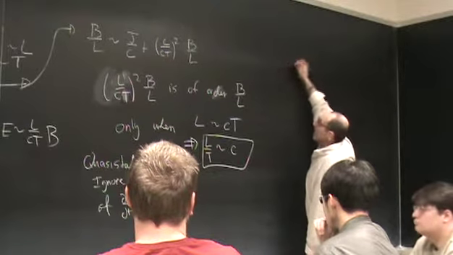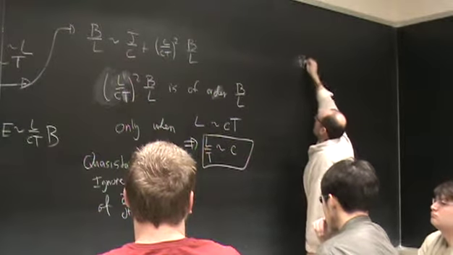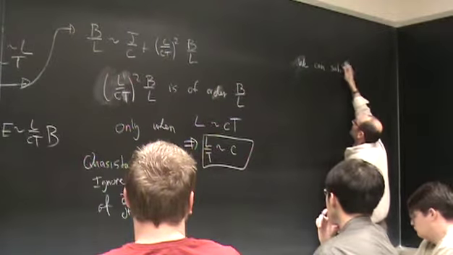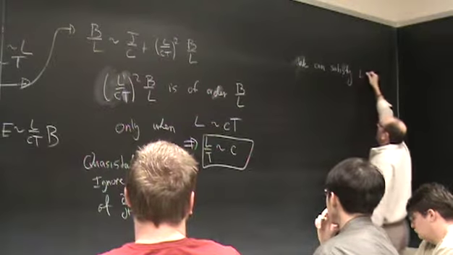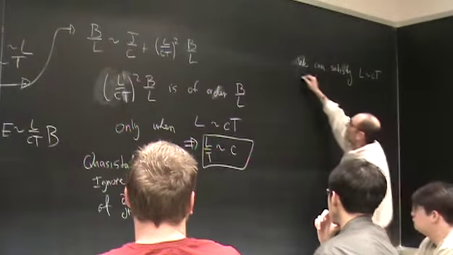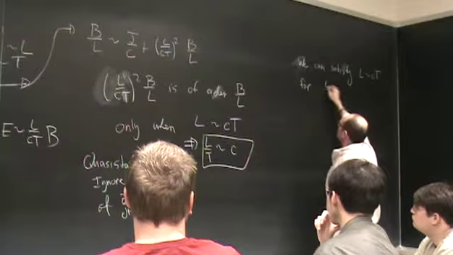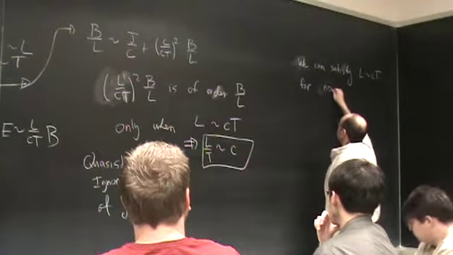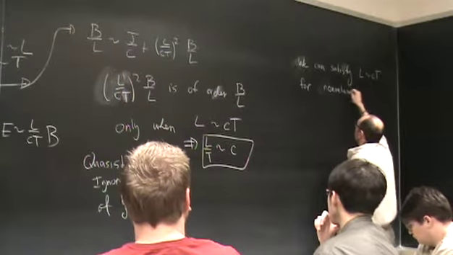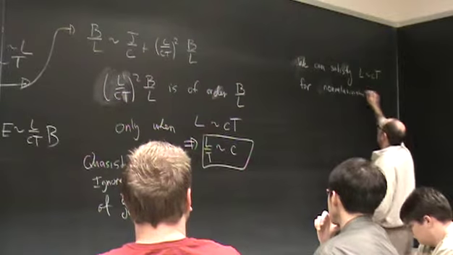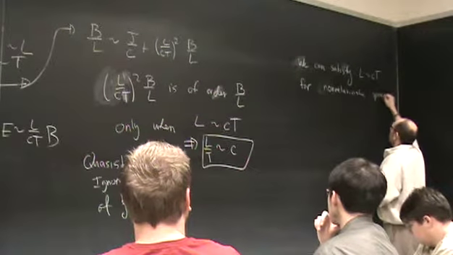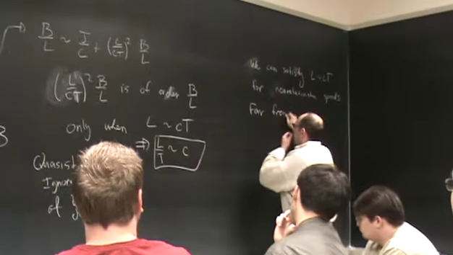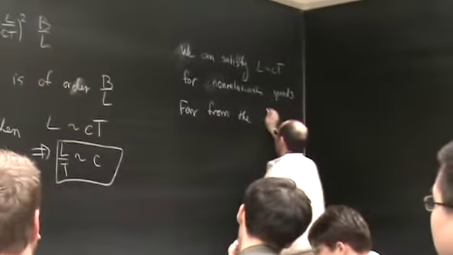There's another condition where we can satisfy L on the order of cT for non-relativistic speeds: far from the distribution.